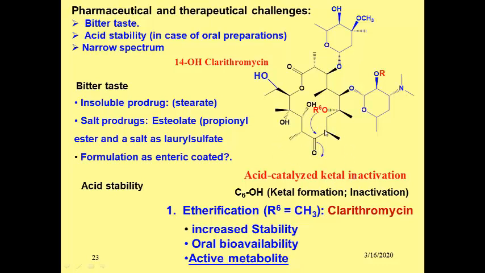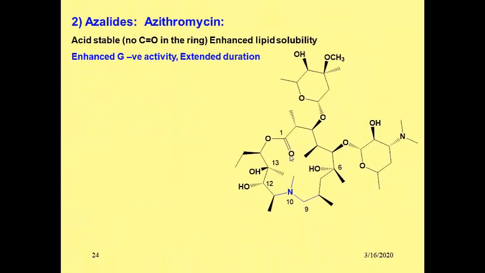Another choice to solve ketal formation is to remove the ketone group at C9. Removing the ketone group at C9, it will not form ketal. Insertion of an amino group gives a larger macrolide, a 15 membered ring, azalide, azithromycin.